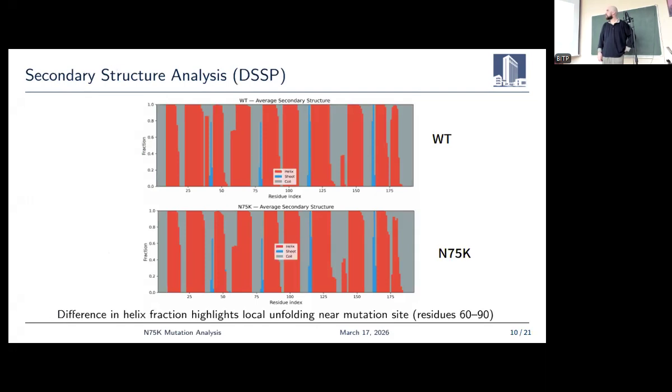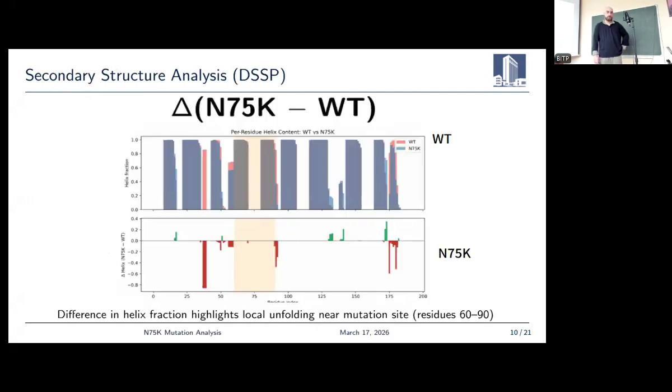Yeah, in secondary structure analysis, the main difference is in the first EF hand. EF hands of neuronal calcium sensors are bound one to one. So EF hand 1 to EF hand 2 and EF hand 3 to EF hand 4 by antiparallel beta sheets. And I guess this binding doesn't happen in the mutant form.